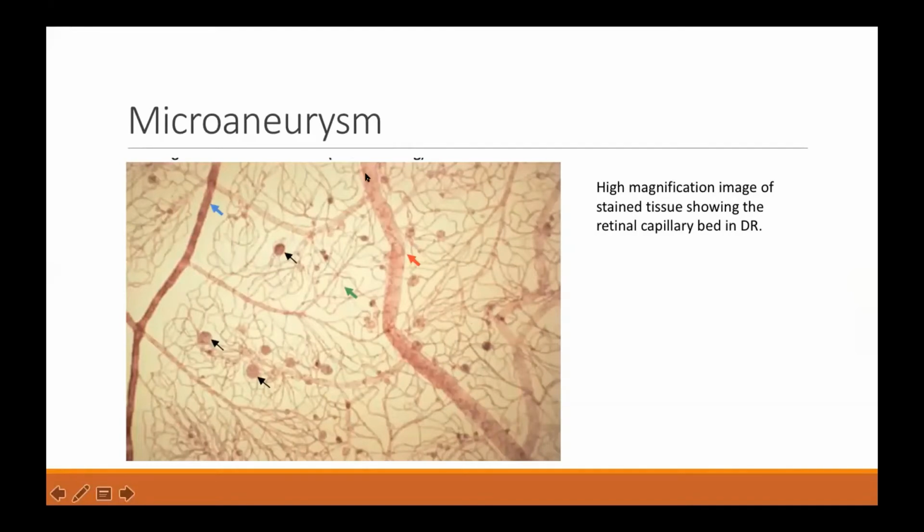The red arrow shows the large arterioles, the blue arrow shows the venules, and the green arrow shows your capillary bed, which actually isn't visible with the ophthalmoscope. That would be quite hard to see, but you would see the little red regions there.